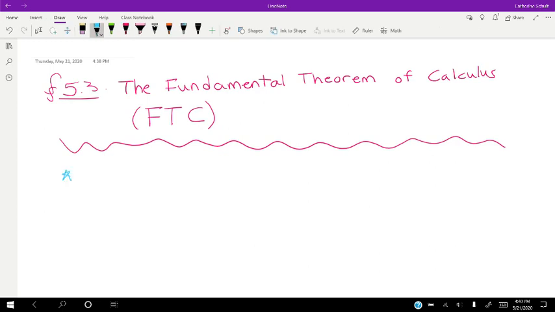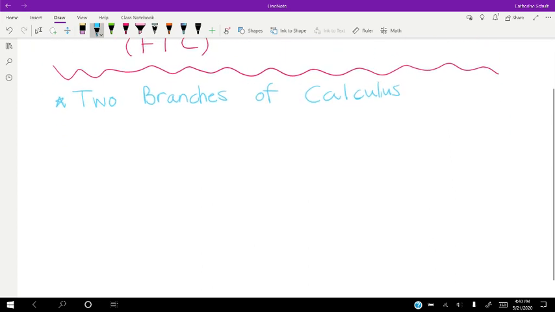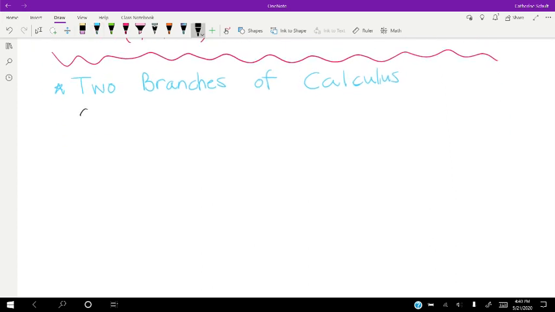All right, so we can take a little trip down memory lane and remind ourselves of what the two branches of calculus are. In chapters 2 through 4, we focused on limits, which led us to derivatives.